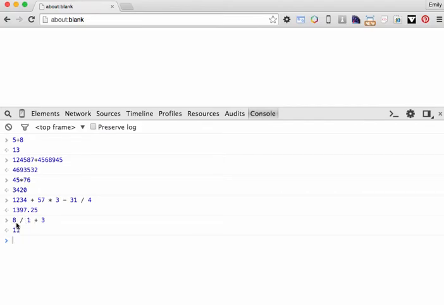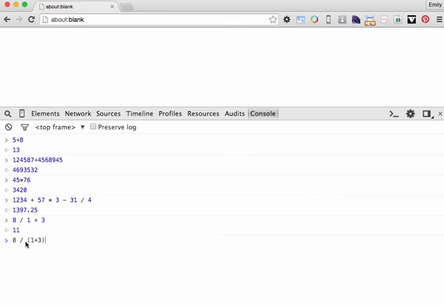So the problem is that JavaScript is doing the division prior to doing the addition. So when it divides 8 by 1, that's 8, and then it adds 3, which gives us 11. To fix that and make JavaScript perform this in the way that we want, we use parentheses, just like we would do in regular math. So I would put 8 divided by, and then in parentheses I can type 1 plus 3, and now it's going to perform this bit of the calculation first and then do the division.